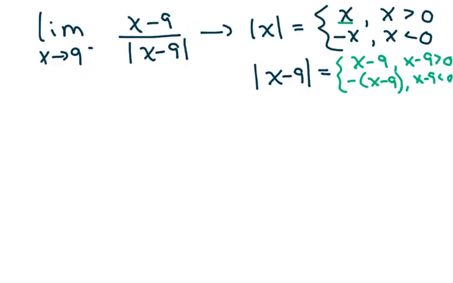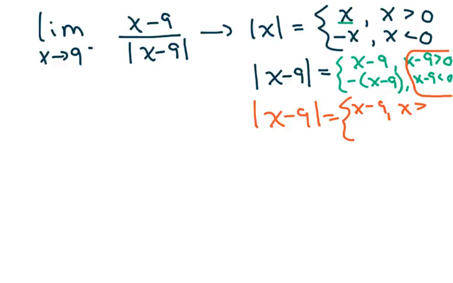Okay, all I did was substitute the x for x minus 9. And this area right in here is just simplify. So we're going to have the absolute value of x minus 9 equals x minus 9 when x is greater than 9, and negative x minus 9 when x is smaller than 9.